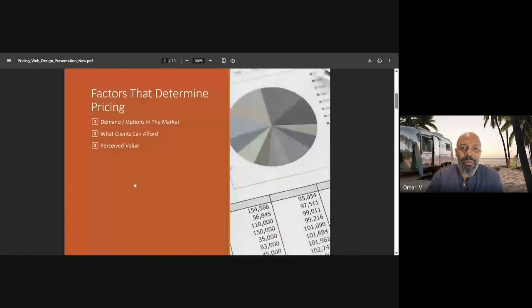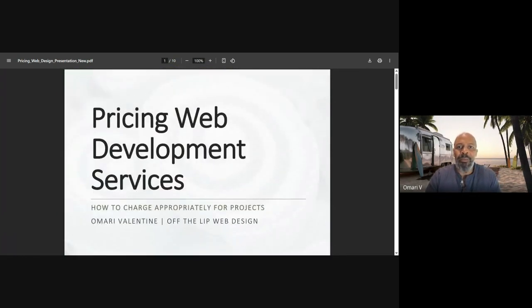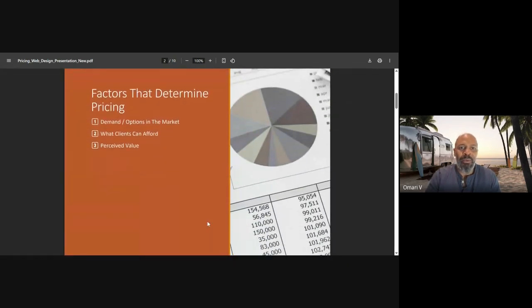Okay, so basically we're talking about pricing of web design services. And so we started out talking about some of the factors that determine pricing. It's determined oftentimes by the demand, obviously, and options within the market. As most of us that have been involved with freelancing or web development and design know, there are lots of options now in the marketplace, and that oftentimes drives down the prices.